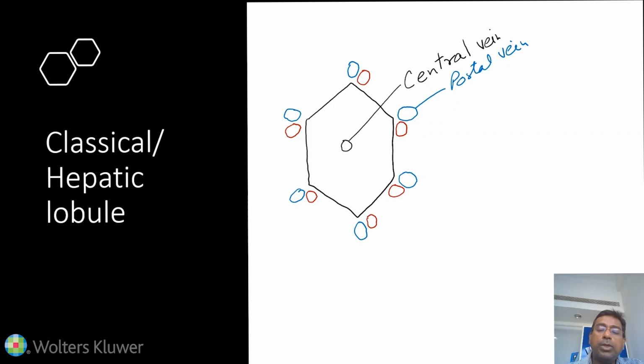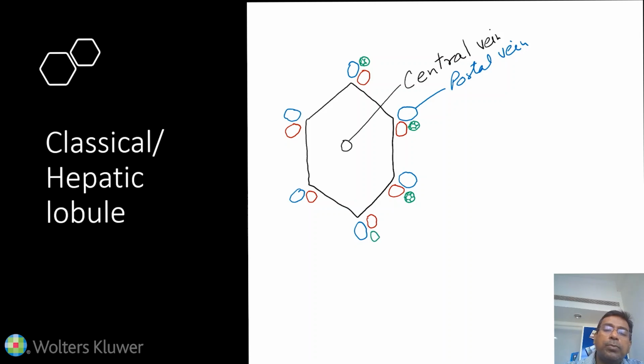And the third tubular structure is the bile duct. And occasionally there will be another tubular structure, the lymphatic. So that's the bile duct, which has the smallest lumen among all the three tubular structures.